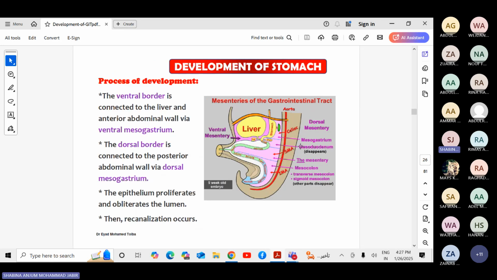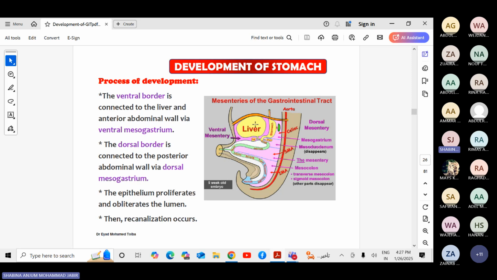Again, this is the developing stomach, the ventral mesogastrium and the dorsal mesogastrium. In the ventral mesogastrium, a small structure is developing, the liver.